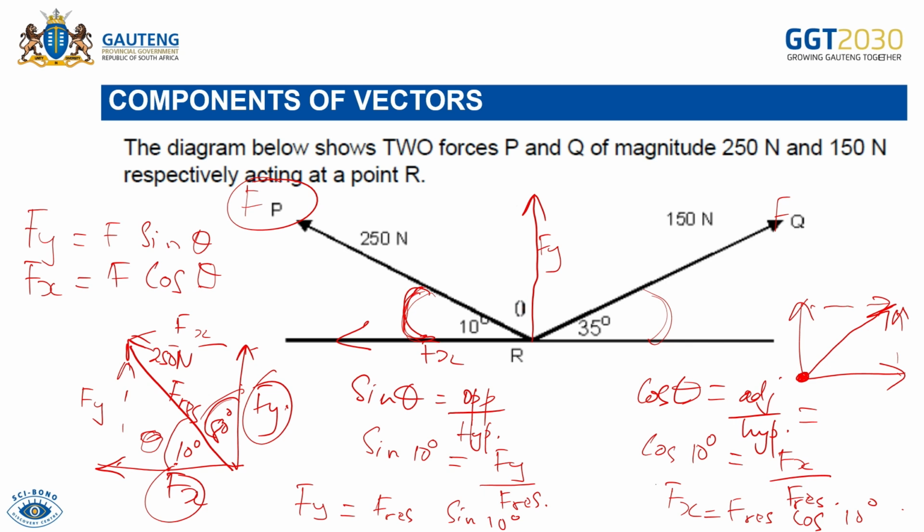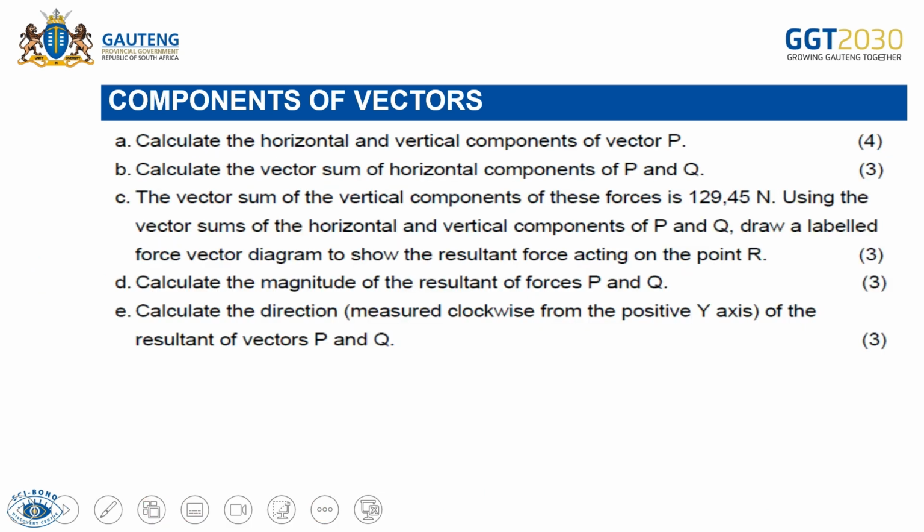Okay, so we have resolved this force into its components. Then what are they looking for here? They want us to calculate the horizontal and the vertical components of P. So this is our P, which is 250 newtons. So first thing that we need to do, resolve it into its components.